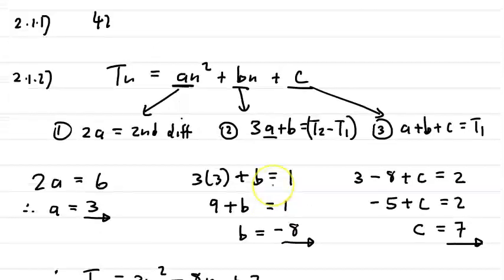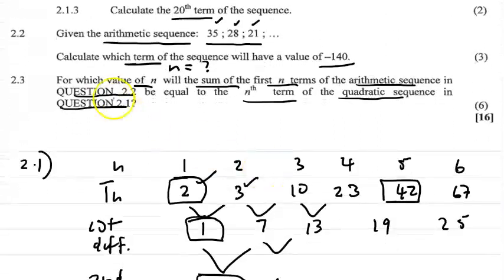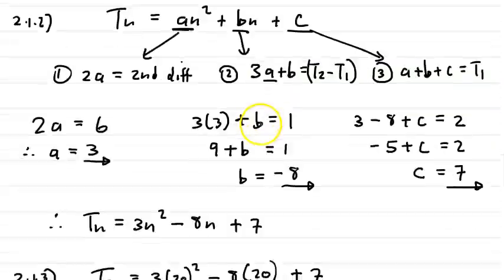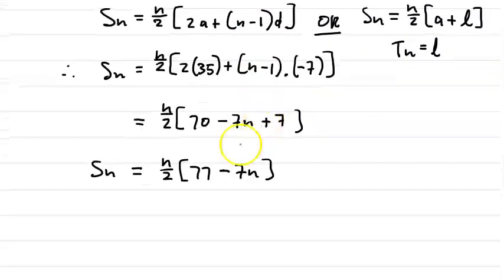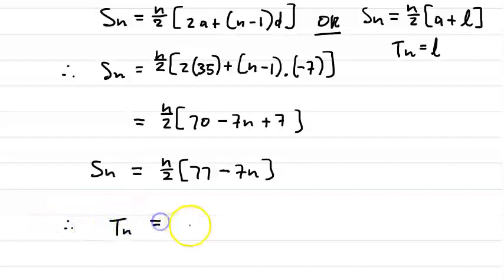Let's read the question one more time. It says, for which value of n will the sum of the first n terms of the arithmetic sequence in question 2.2 be equal to the nth term of the quadratic sequence in question 2.1? Be equal to. Therefore, we have to now say Tn equals Sn and solve for n.